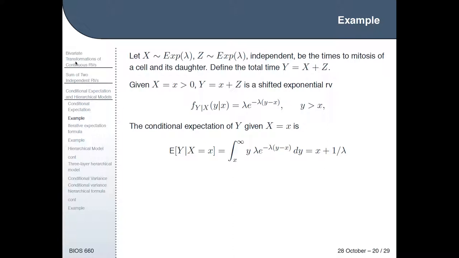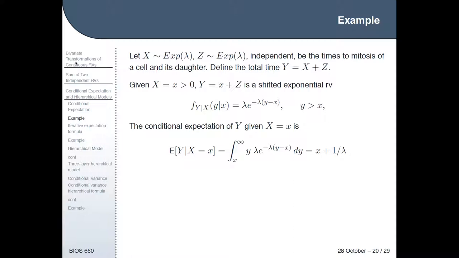As you'll recall, the expected value of an exponential random variable in general is 1 over lambda. So this is saying the expected value of this random variable y, that's x plus z, given x. We know what x is, and then we add z, which is a random variable with expected value 1 over lambda.